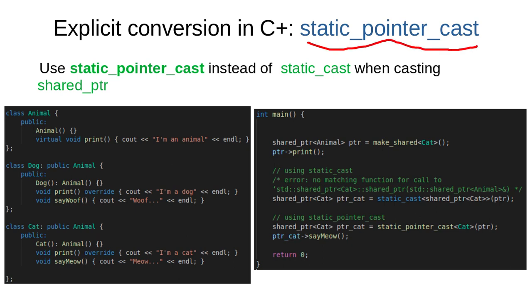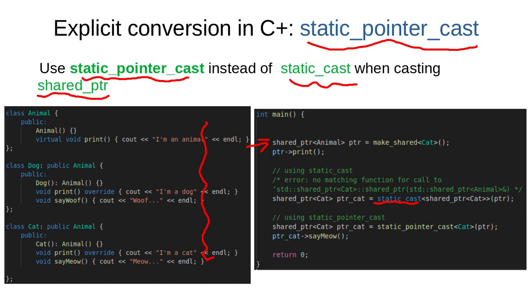Static pointer cast. Static pointer cast is used instead of static cast when you deal with shared pointers. Here we have the same classes as in the previous slides, and instead of a normal pointer I'm defining a shared pointer, and trying to use static cast with it.